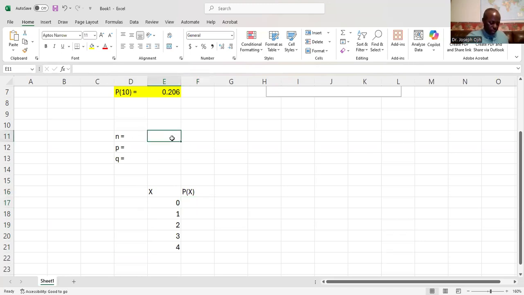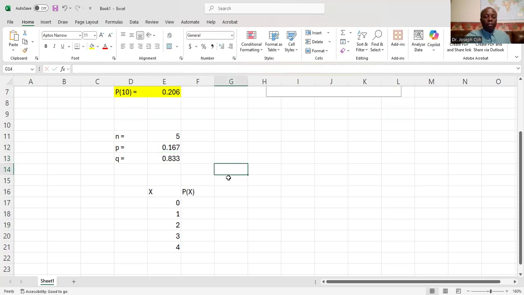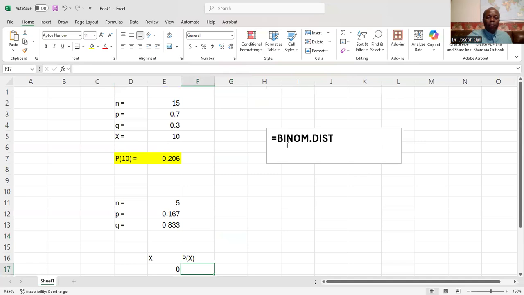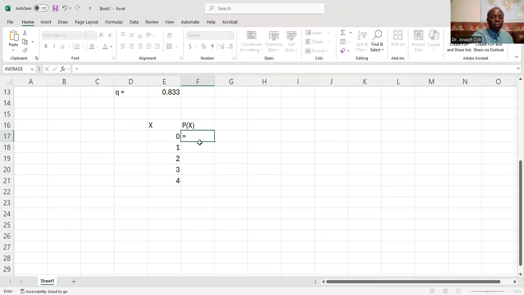So N is 5, P is 0.167 and Q is 0.833. So we're ready to apply the formula. Remember, equals binom.dist. It pops out, double click.